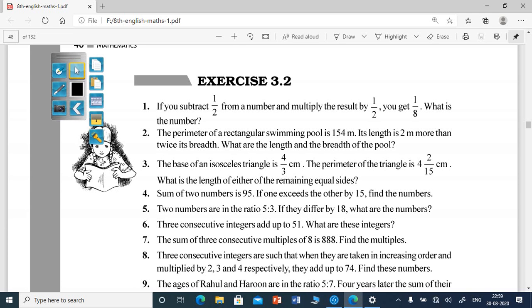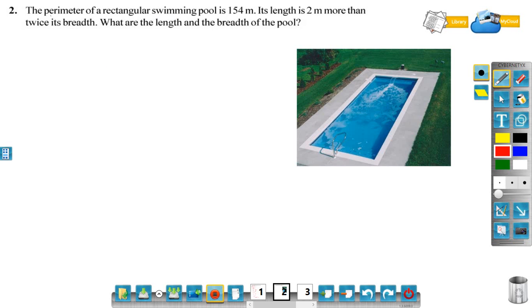See the second question. The perimeter of a rectangular swimming pool is 154 meter. Its length is 2 more than twice its breadth. What are the length and breadth of the pool? What do you mean by perimeter?